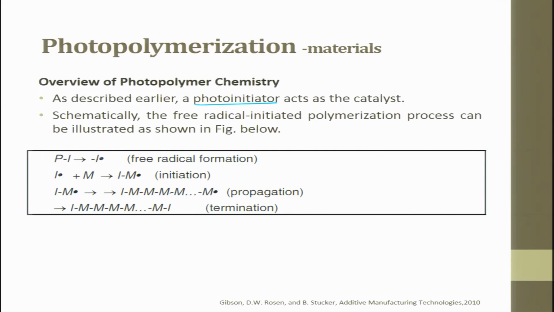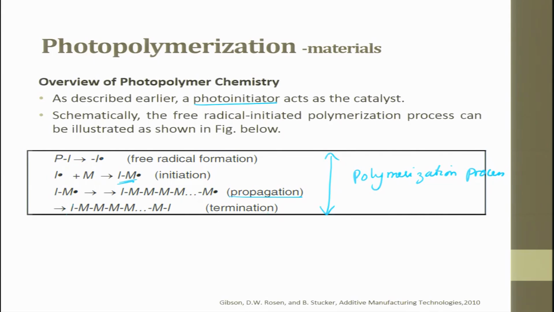When it gets bonded to several of these monomers, it forms a propagation, and when this I gets to meet with an M and I which is getting there, it gets terminated. So, this is the polymerization process, which is very important, you should understand.